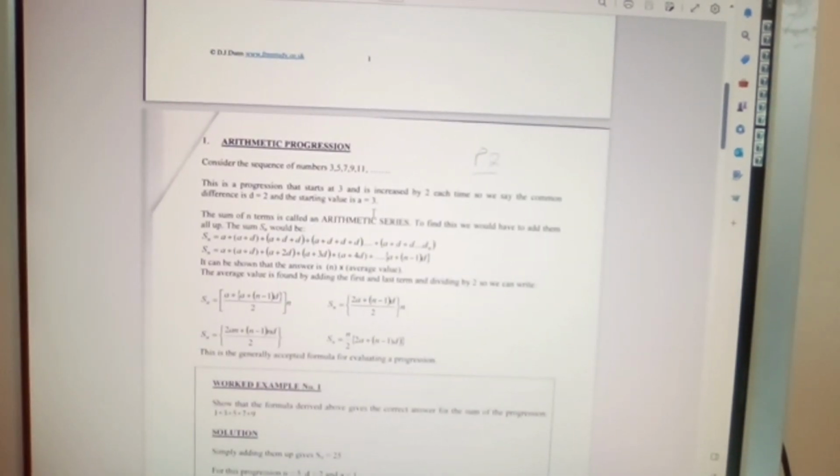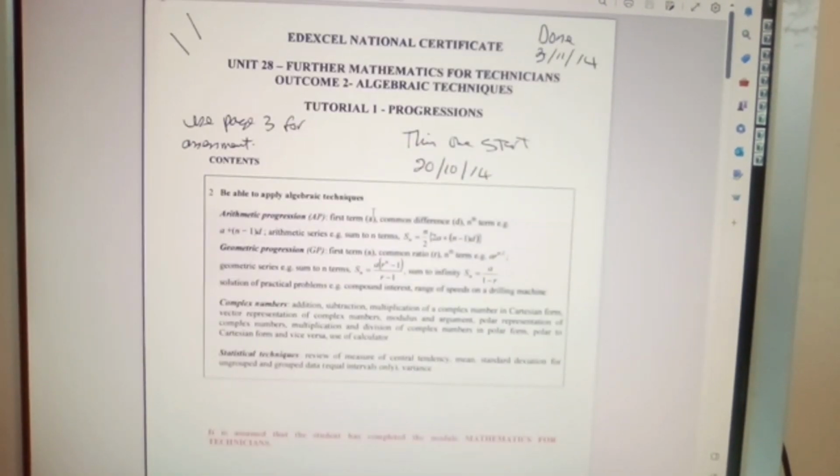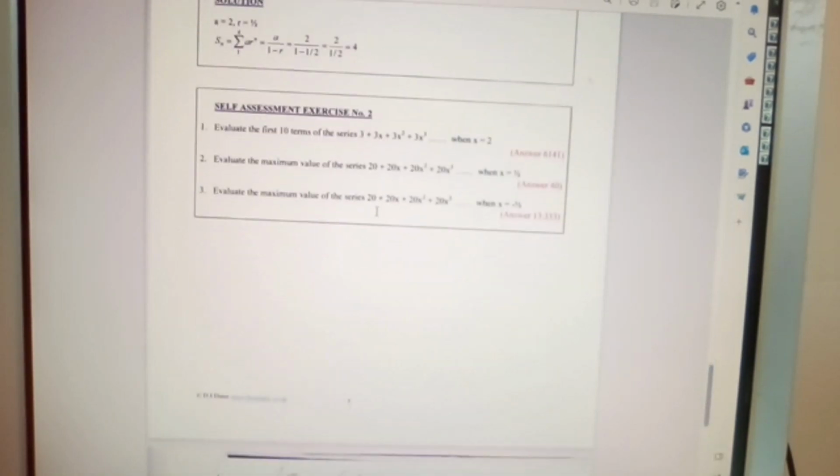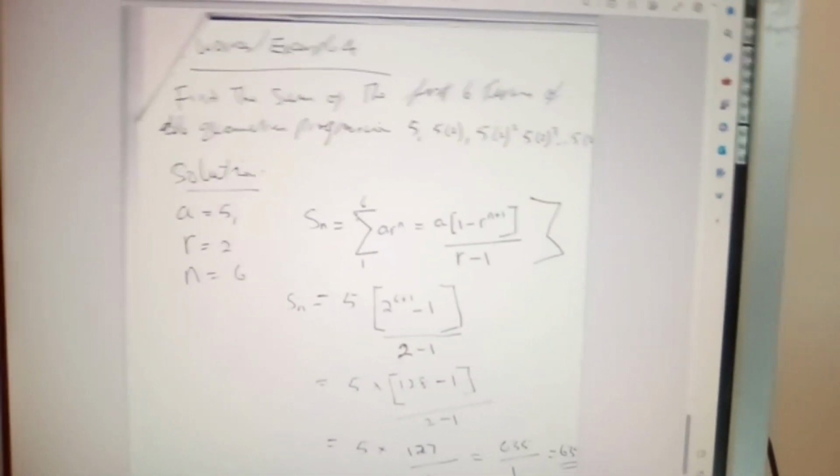I'm hoping that I got it. Let me just check if I got it in. Sometimes it doesn't always work.